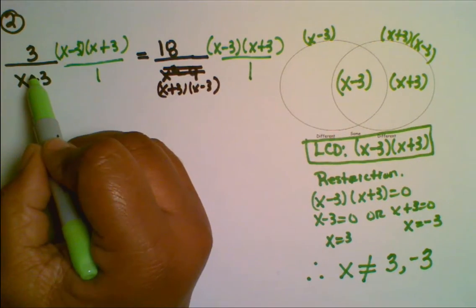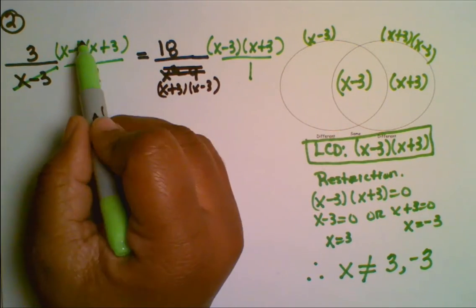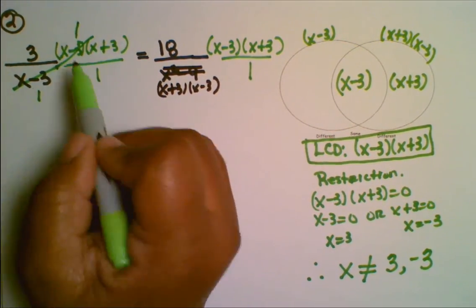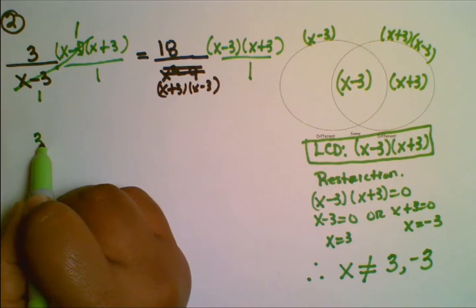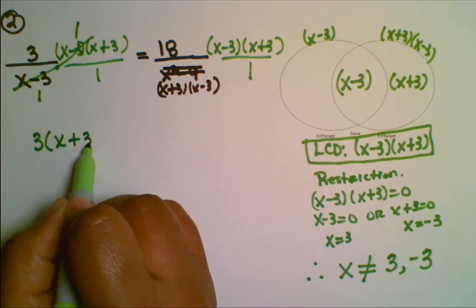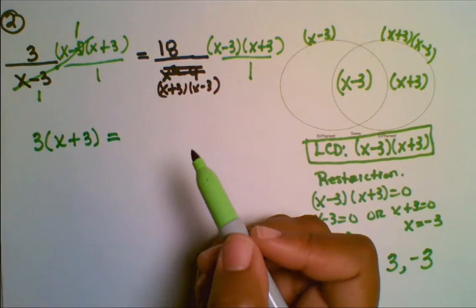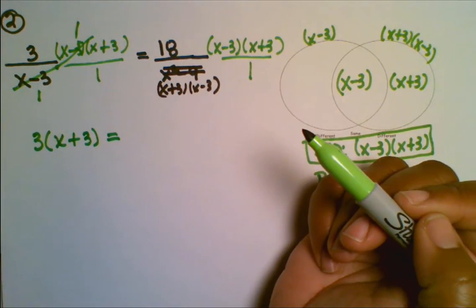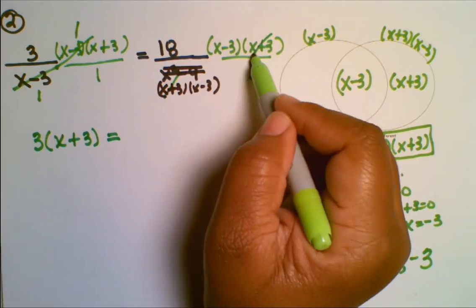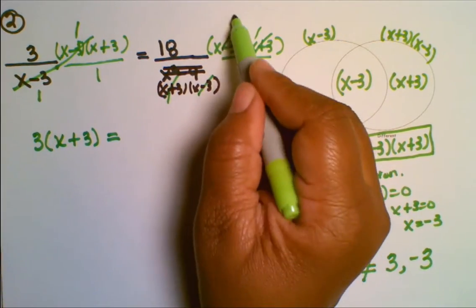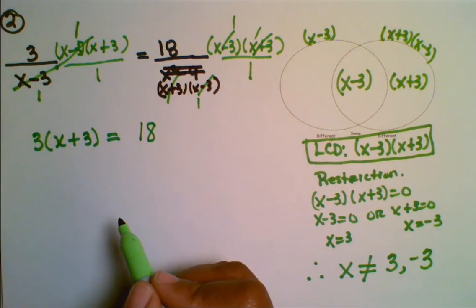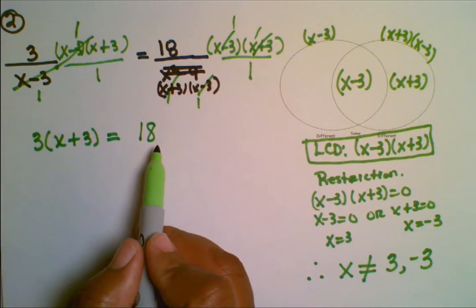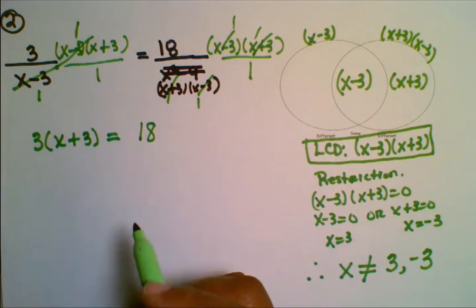The x minus 3 that's in the denominator cancels, and it divides into the x minus 3. What we're left with on the left-hand side is 3 times x plus 3. Look on the right-hand side. The x plus 3's divide out, the x minus 3's divide out, and we're left with 18. This is the same equation, but without the fractions.